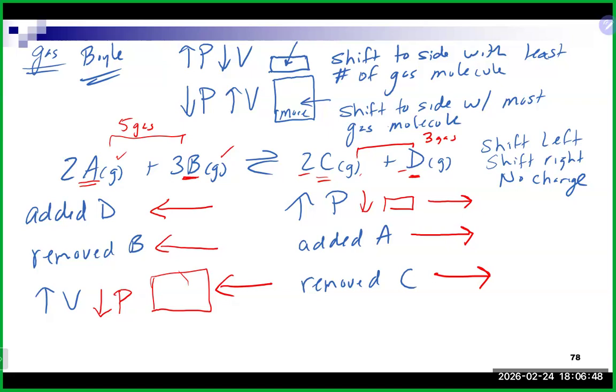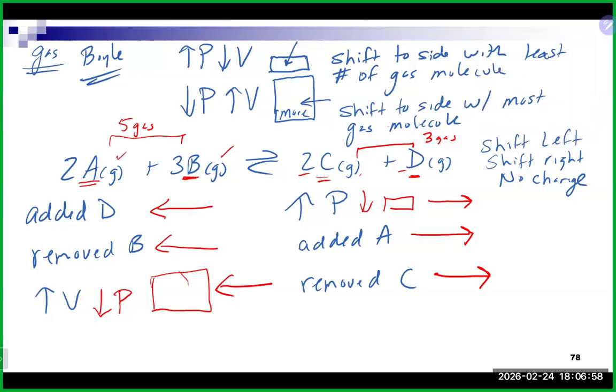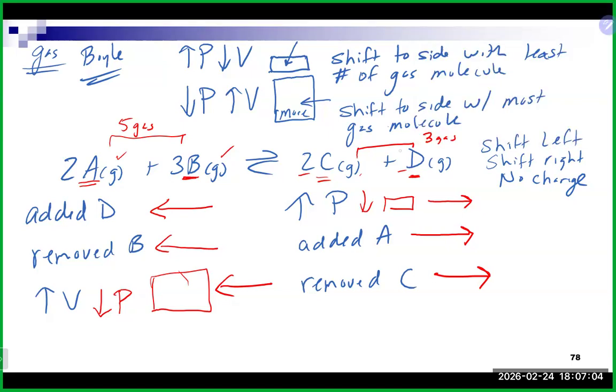By the way, with gases is one of the situations where you could get a no change. So for example, let's just say that this reaction's coefficients were, actually I could just do this, pop that in there. Let's just say that this guy was actually a 3 for its coefficient. That would then make this 5 gas molecules on the left, and 5 on the right.